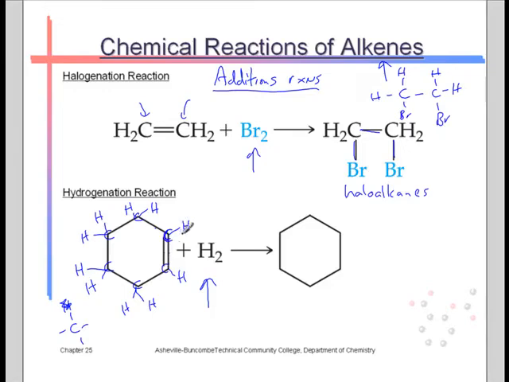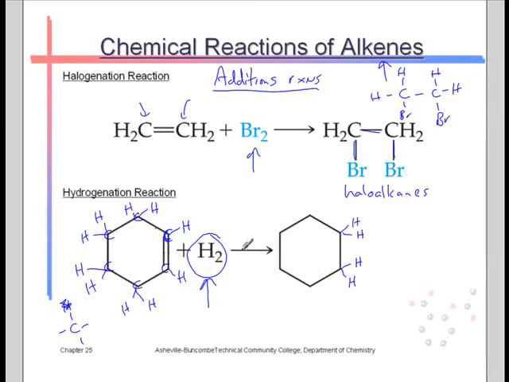Now, once this reaction proceeds forward, just like with the bromination up top, whatever the diatomic species is that reacts on this double bond, those two atoms are spread out over the two carbons of the original double bond. And it forms a saturated hydrocarbon now.